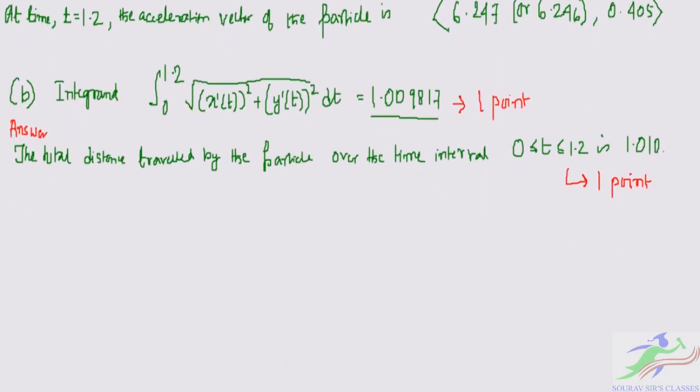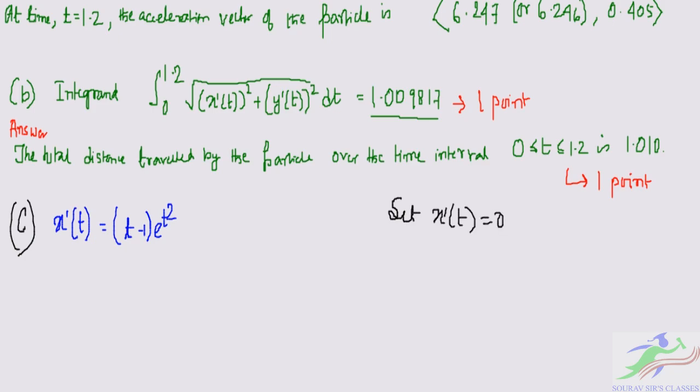So now for the first part, x prime of t is given as t minus 1 times e to the power t squared. If we set that x prime of t equal to 0, from which we get that t is equal to 1.